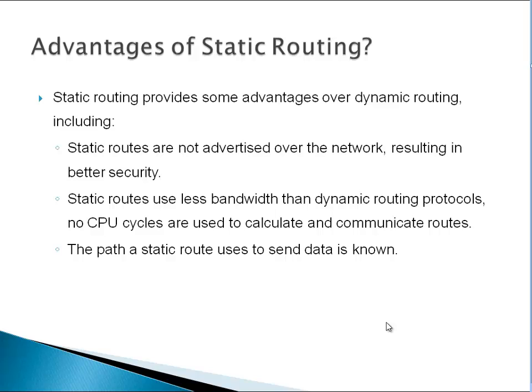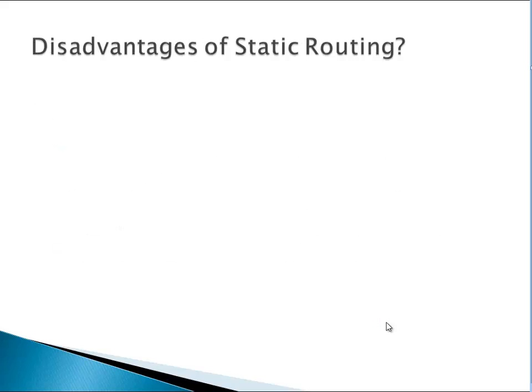So we have three really big advantages. First is security, much better security because we're not advertising to our neighbors. The second is that we're saving on CPU or memory processes. Then we know the path the packet is going to flow.